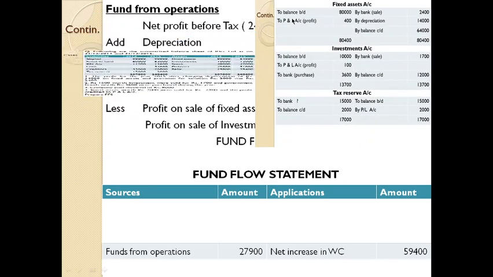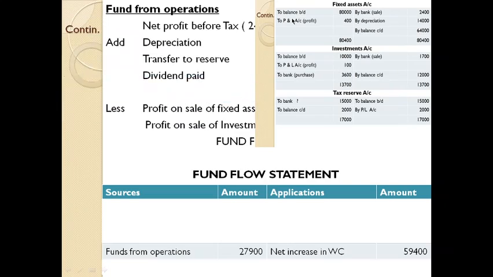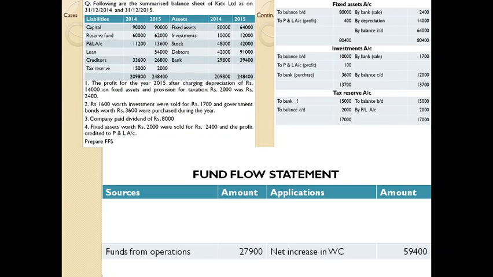After that, let us go through the non-current accounts, and remember, you have to go through only cash or bank items. In the first item, fixed asset, you can see that there is a sale of 2,400. There is no further purchase in the fixed asset, so let us leave that account. Next, the investment account.